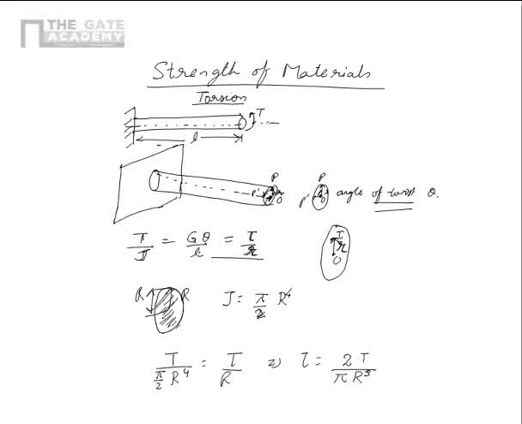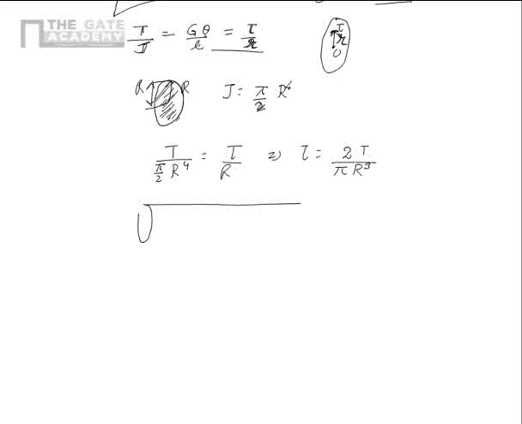Now there are various modifications which are possible. For example, instead of a solid bar, we can have a tube like this, a very thin tube, whose thickness is some small number called T, and its radius can be R. So here I can modify the formula of J, which is given by pi times outer radius to power 4 minus inner radius to power 4, by 2.